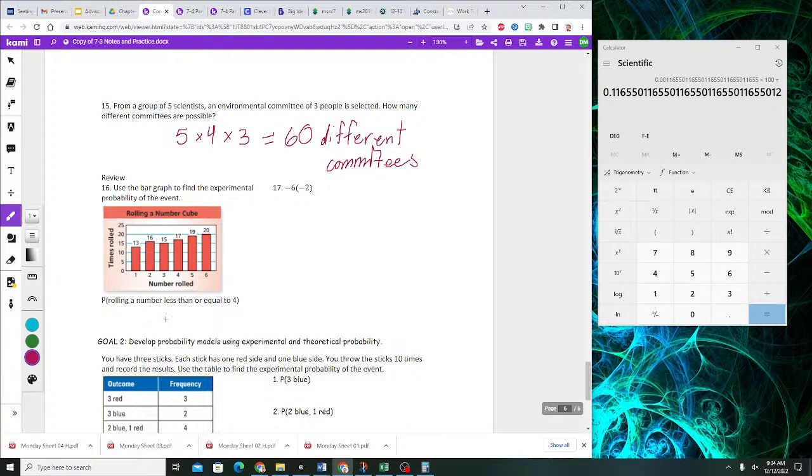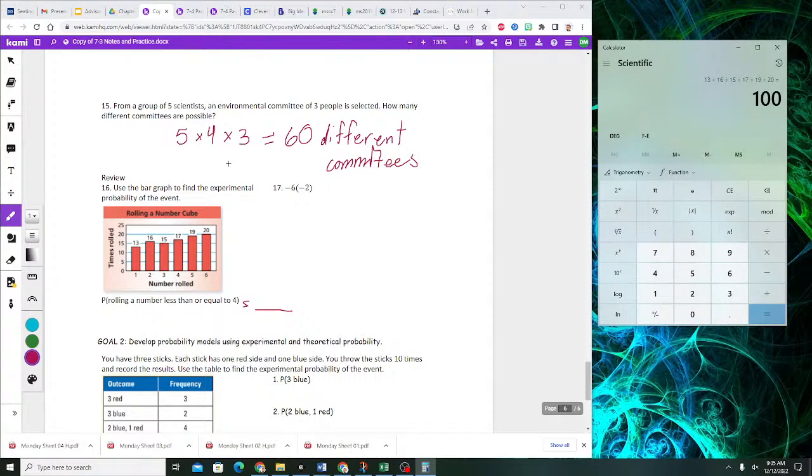And then to remind you how to do these, use the bar graph to find the experimental probability of the event. We've got 13, 16, 15, 17, 19, and 20. So we're going to add all those up to find our total possible outcomes. 13 plus 16 plus 15 plus 17 plus 19 plus 20.